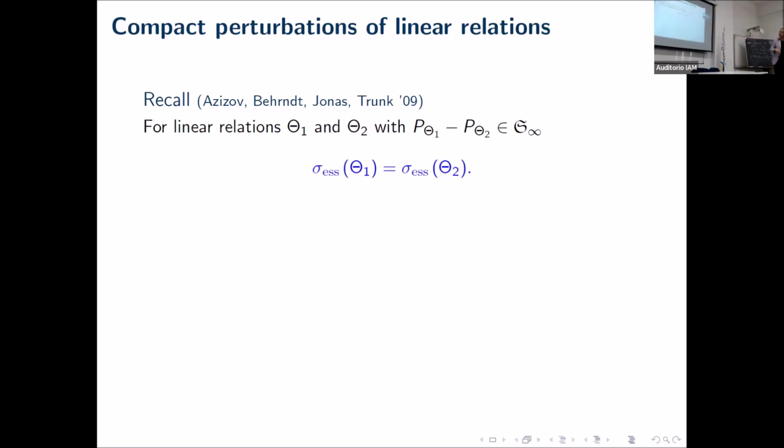We need closed subspaces. And then we consider the difference of these two projections. If this difference is compact, then the essential spectrum coincides. And now you see, suddenly you have some techniques to do something.